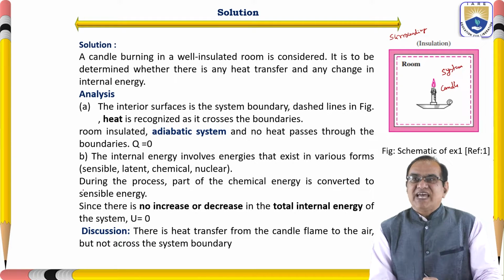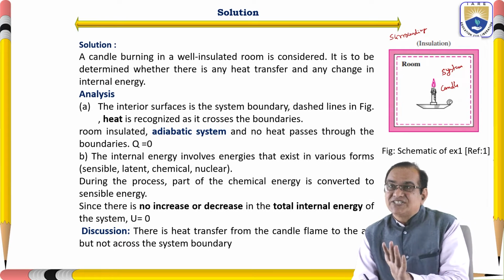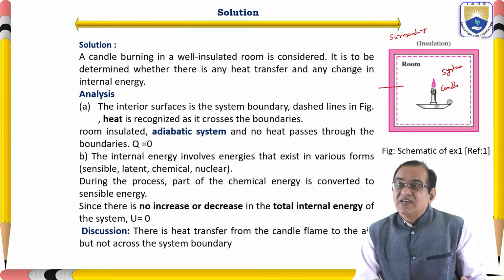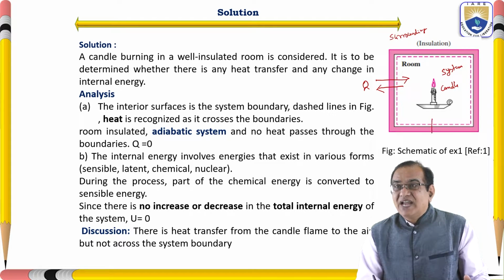Heat is recognized as it crosses the boundary. I have just now told that heat is not inside. If it is able to cross, only then it is heat. It is going out or coming in, only then this is Q. In the same way, for work, if it is going out, it is positive, and if it is going in, it is negative.